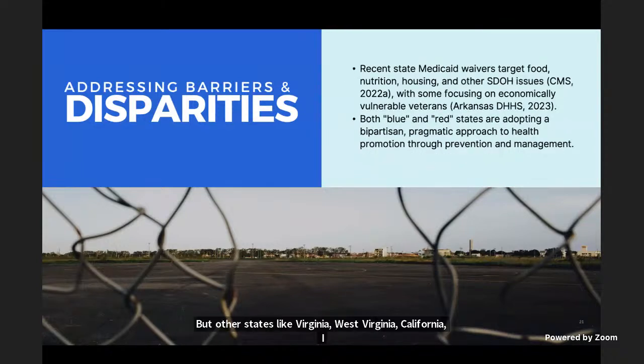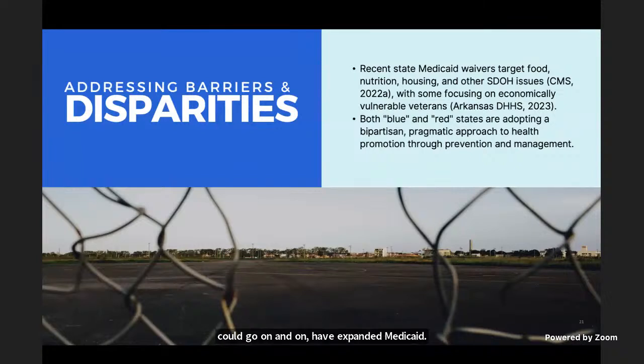It's also important to note that recent Medicaid state waivers have now started to target the overall economic well-being of individuals. And so there's a new set of Medicaid waivers that are coming forward, some focusing on specific populations, such as in Arkansas, where economically vulnerable veterans, especially younger veterans, are able to qualify not only for Medicaid covered services for healthcare, but also supports for housing.